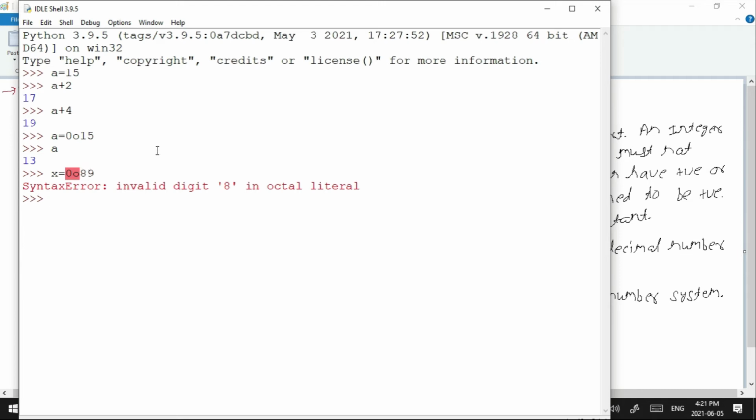In the same way, if you write x is equal to 0o28, this is also an error because the digit 8 is invalid in the octal number system. So if you have to store a number in octal, you just start that number with 0o followed by that octal number, and that will be stored in the variable.